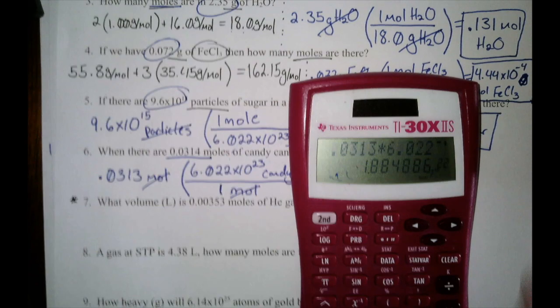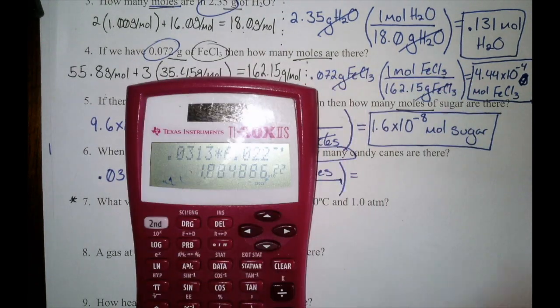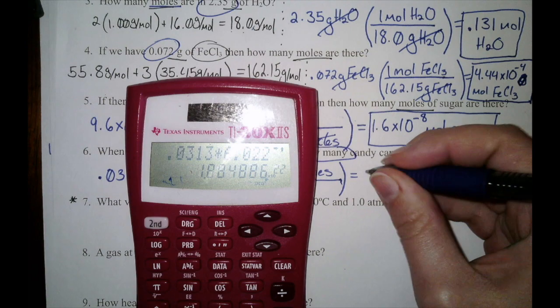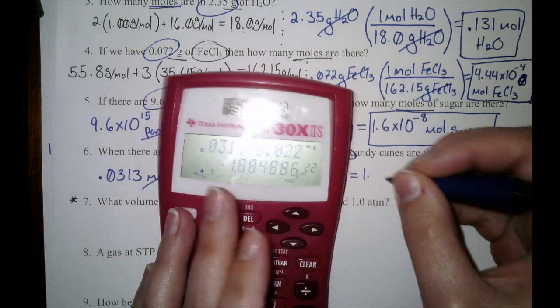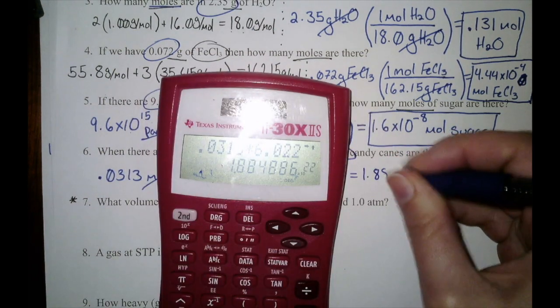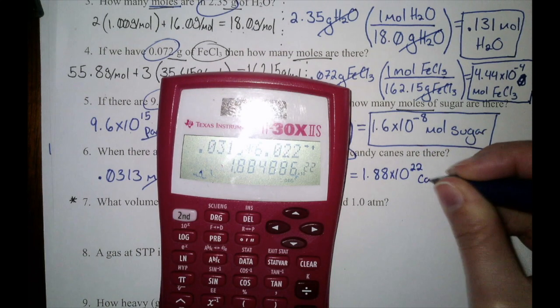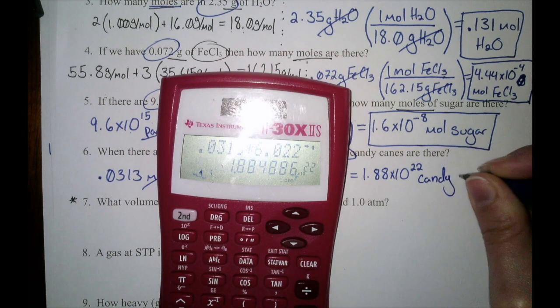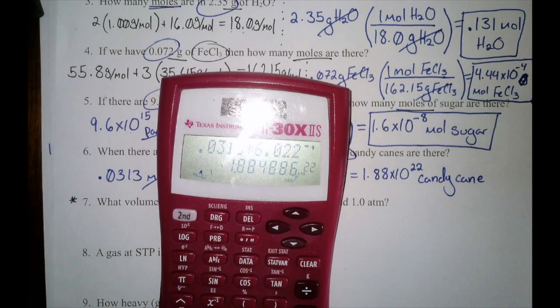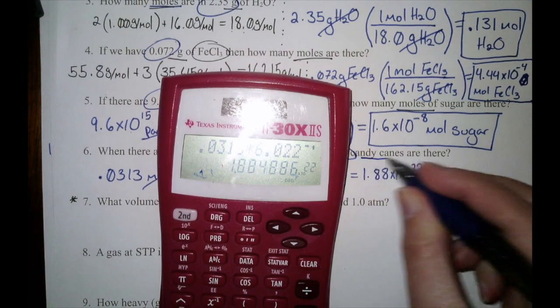Hit enter. So that gives me an answer of 1.88 times 10 to the 22nd candy canes, which is an unimaginably huge number of candy canes.